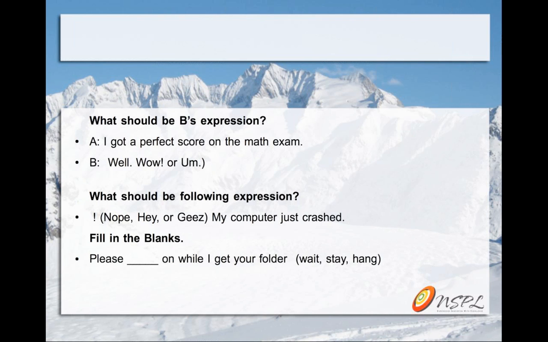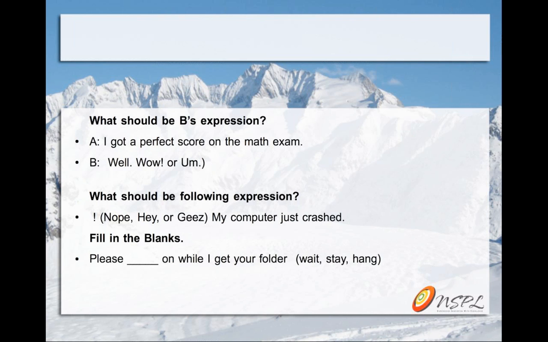Okay, so next, what should be the following expression? "My computer just crashed." "Oh geez, my computer just crashed." Okay. "Geez" is a kind of expression, like saying "oh my god."